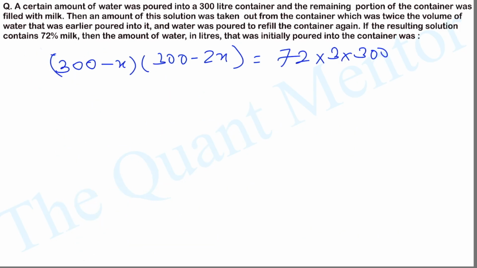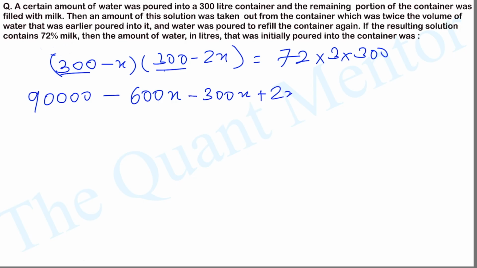Now we'll simplify this equation. 300 into 300 is 3 3s are 9 followed by 4 zeros, minus 300 into 2x, 600x. Now 300 into minus x is minus 300x, and minus x into minus 2x is plus 2x square, is equal to 72 into 3 into 300 is 900.